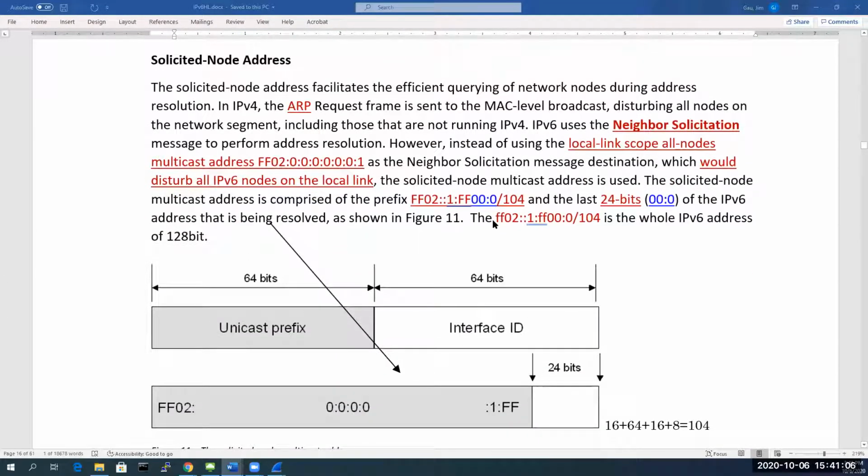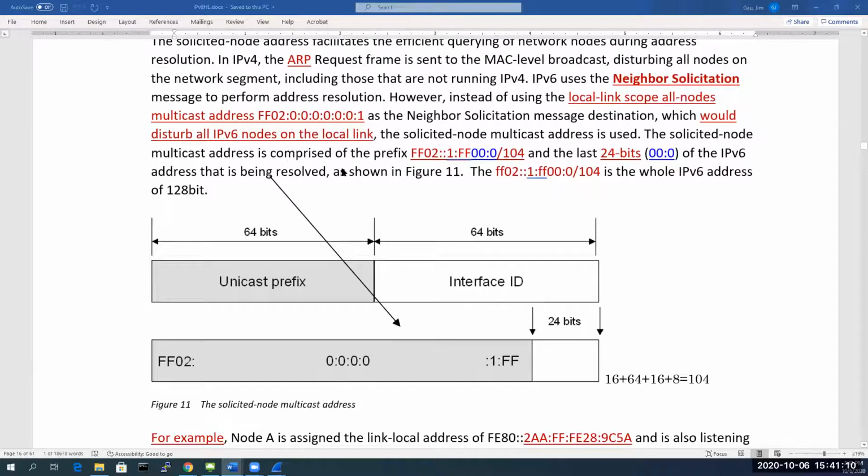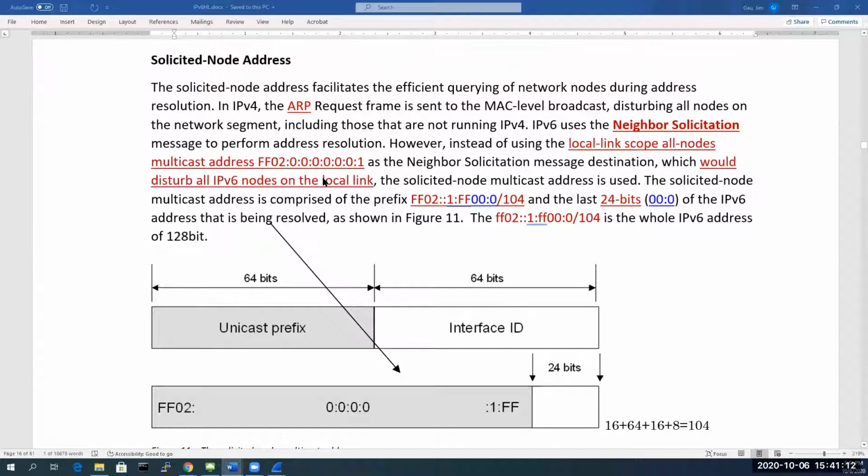Now there is a solicited-node address, which means that in IPv6, for things such as neighbor solicitation, the rule is this: you're not going to use FF02::1 because you don't want to disturb all the nodes. That would disturb every IPv6 host, which we don't want. Otherwise there would be no improvement; we'd just be doing ARP broadcast all the time.